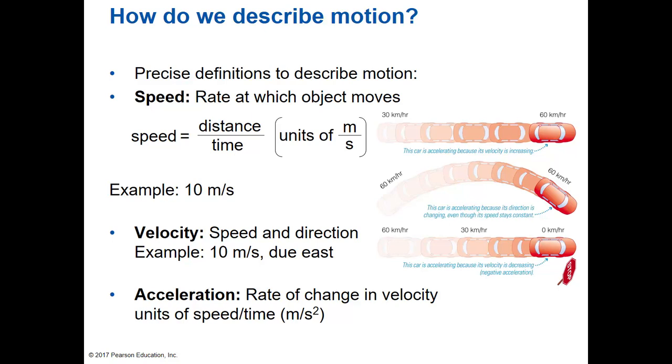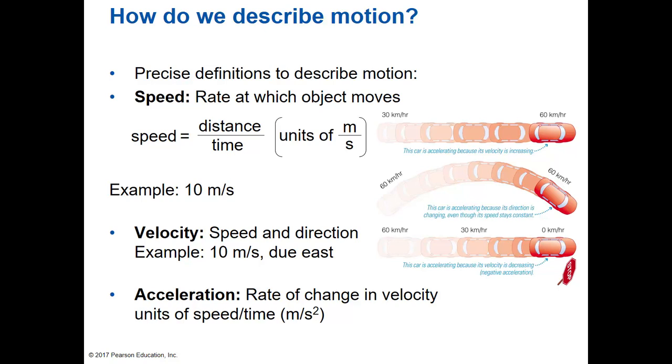If I move towards any other direction, I may never reach Dallas. That means although I am moving, if I'm moving in a well-defined direction, then that is the velocity. The speed could be in any direction. Okay, and the unit of the velocity and the speed is the same, meter per second.